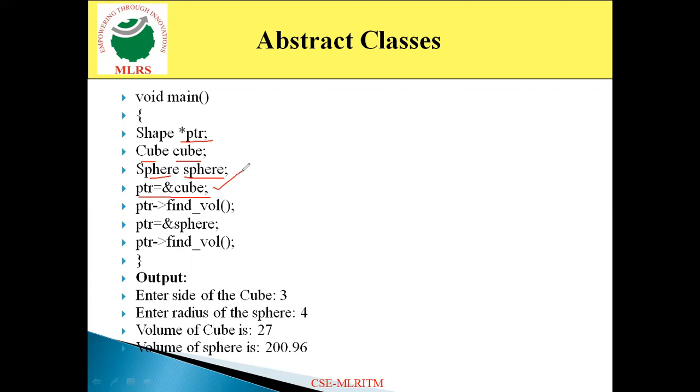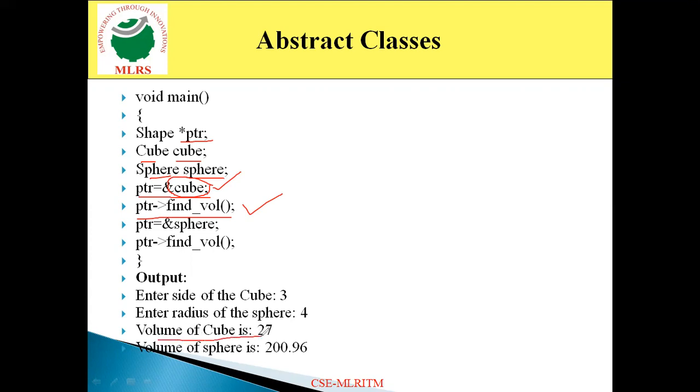to the cube class. Now ptr arrow find_value indicates it is going to execute the find_value which is in the cube class. So it automatically finds the value of the cube, which is displayed on the output screen.